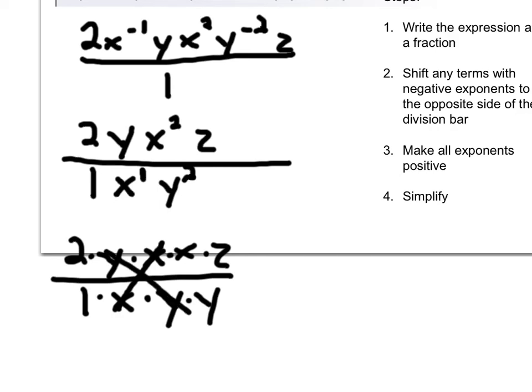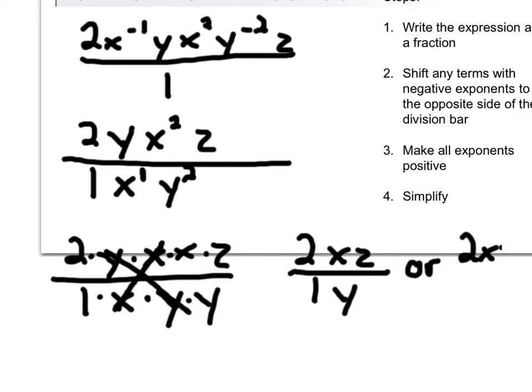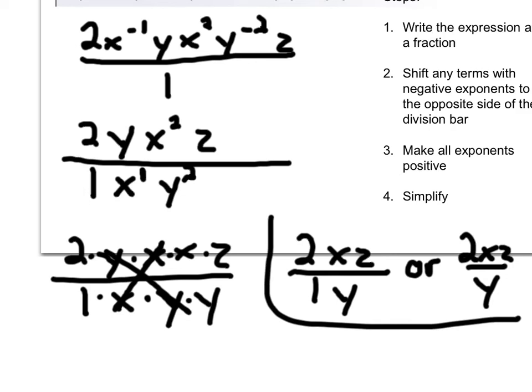So that leaves me on top with a 2, an x, and a z. And on the bottom, I've got a 1 and a y. We can also write that as 2xz over just y, because we don't need the 1 on the bottom if there's something else there with it. So those are the same thing because 1y is the same as just y.